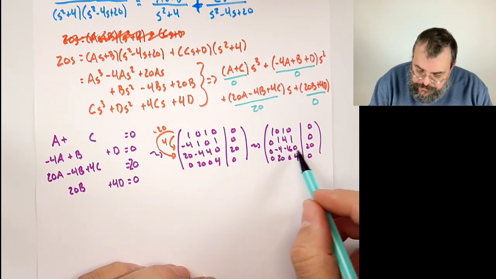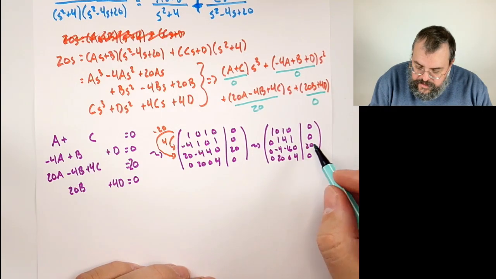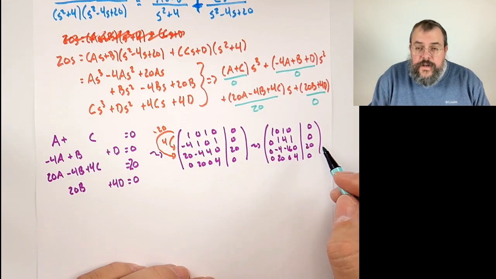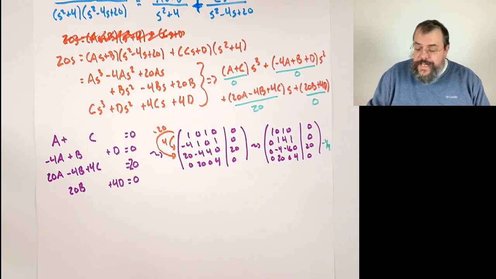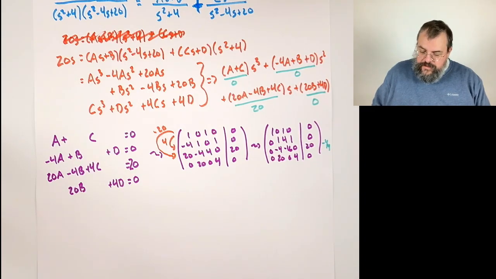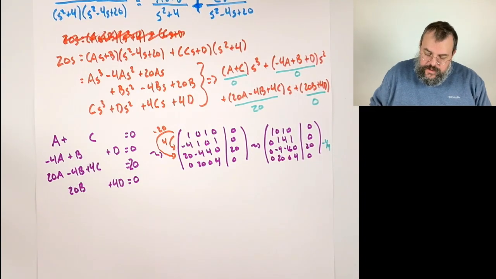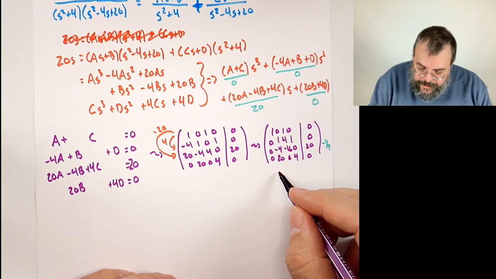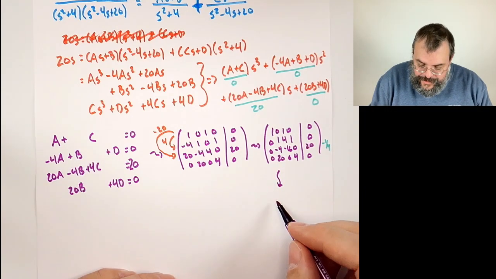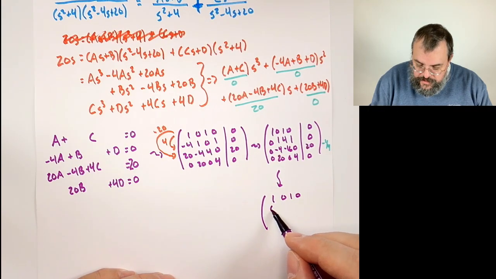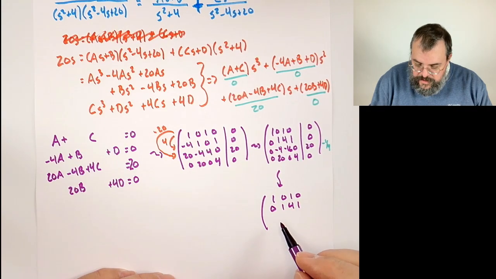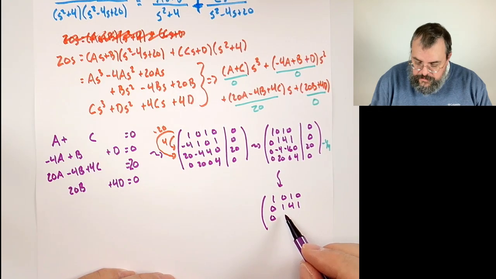Okay, good. Now, let's clean up a little bit. Everything here is a multiple of 4. So suppose we multiply this row by negative 1/4. Clean it up. If we do that, the numbers will become smaller. We like that. Usually small numbers mean simpler to work with. Usually. So we have 0, negative 4 times negative 1/4 would be 1.